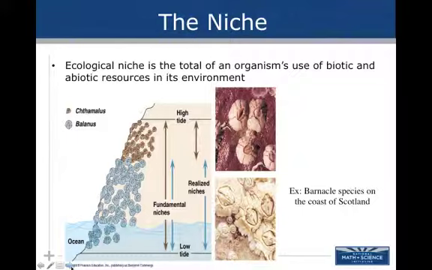Here we're looking at two different species of barnacles that have these fundamental niches, where they are able to colonize and utilize space in specific ways that work out to be fine for both of them to exist on the coast of Scotland. But they have different areas where they do best, and they're best at utilizing biotic and abiotic resources.